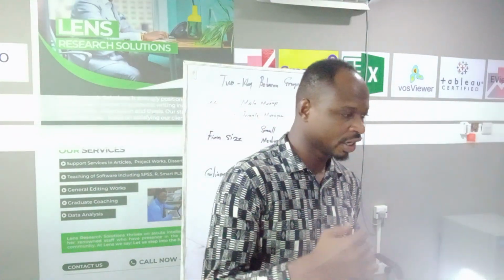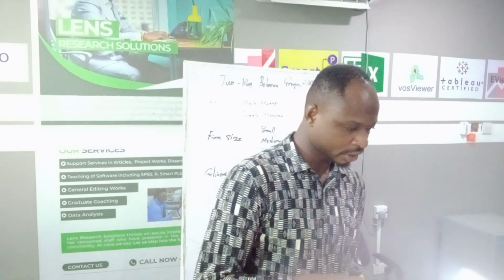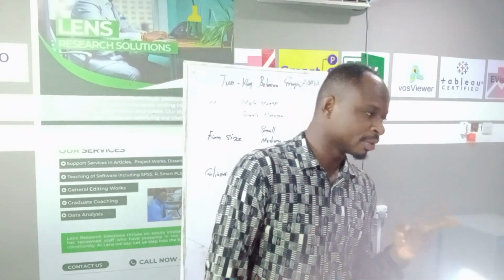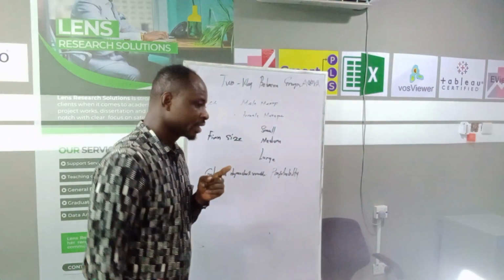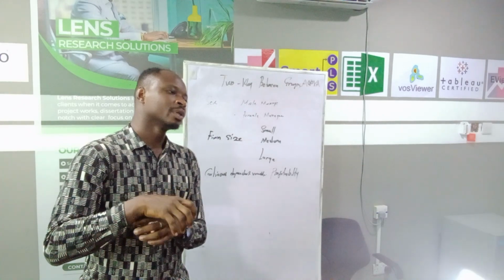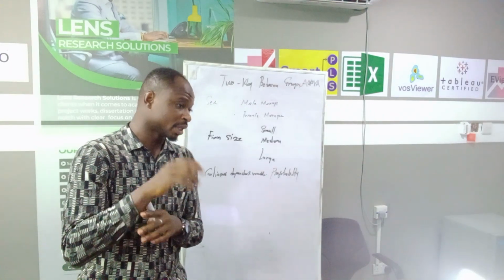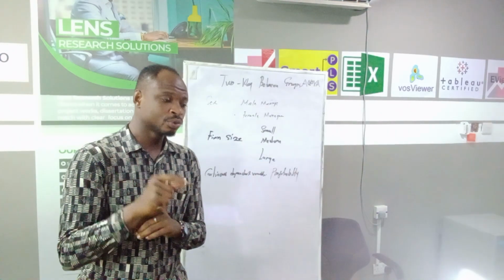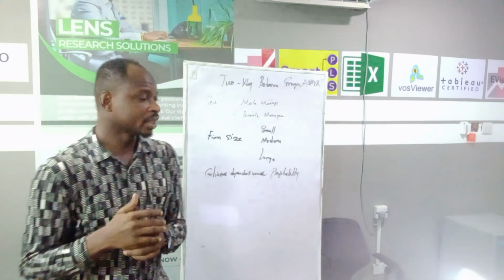Okay, there are two grouping variables impacting on it. Does gender moderate the relationship between age and optimism? So here, this can also be used to conduct what we call moderation analysis. Okay. It can be used to conduct moderation analysis.